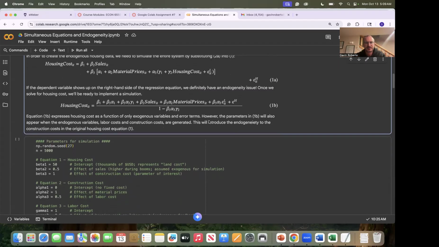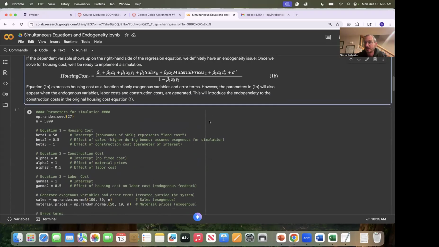I think maybe a couple of students had issues with this. Definitely in the past, students have had issues with this. I had issues with this when I was first making this lecture because it is pretty complicated to think about the ordering that variables need to be created in to make this simulation work, in the sense of having a simultaneity bias problem and then fixing that problem with two-stage least squares.